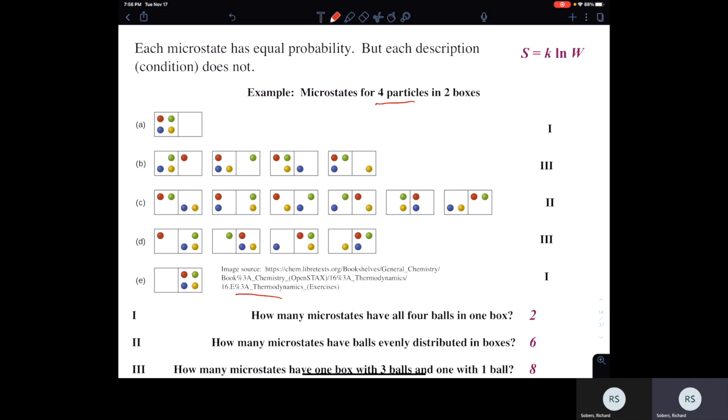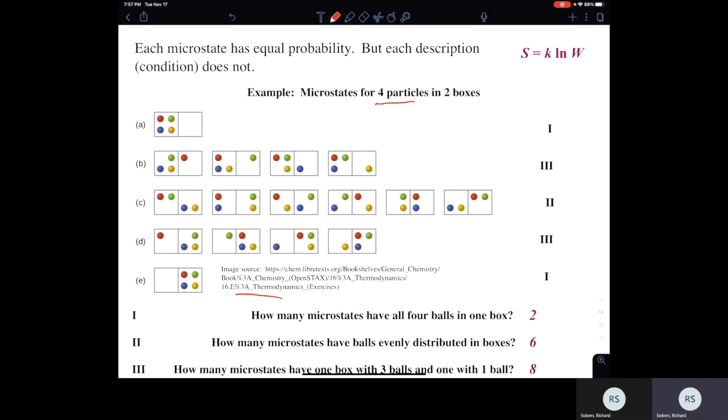So the arrangements A and E can be different or the same depending on how you describe them. If you can identify one box versus the other, then A and E are different. So you could say all of the bean bags end up in the left side, or all of them end up on the right side.